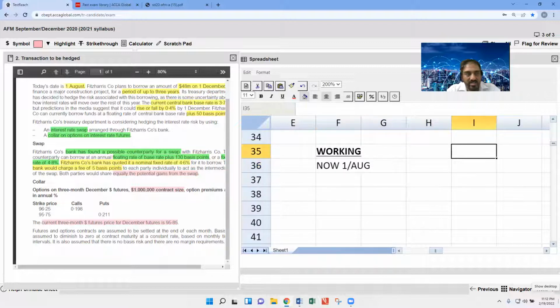And the interest rate cases here. Two particular cases.